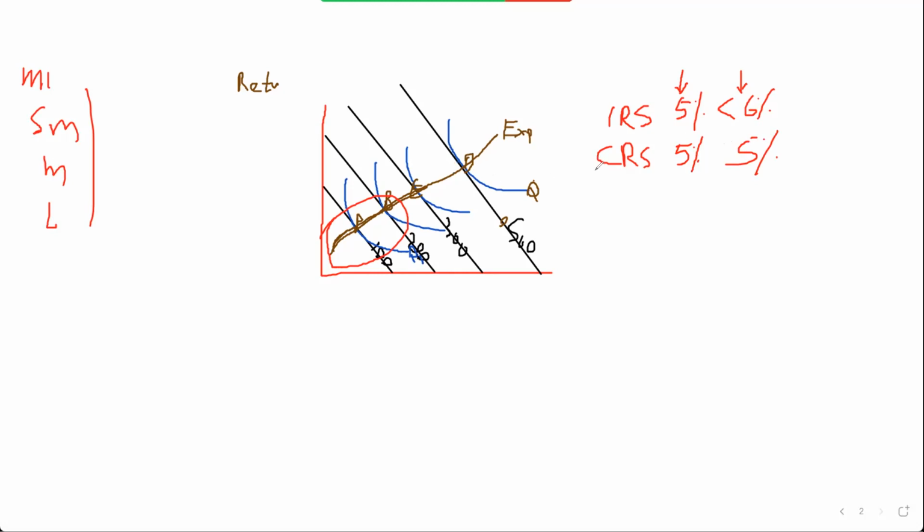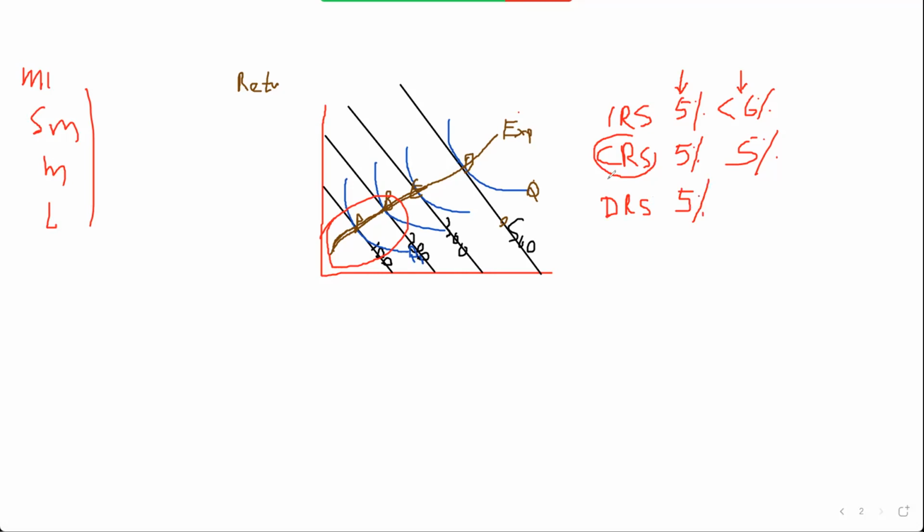So then after the constant return to scale, the producers usually reach another stage, that's what we call decrease in return to scale. For instance, say you increase input by 5%, all the inputs.